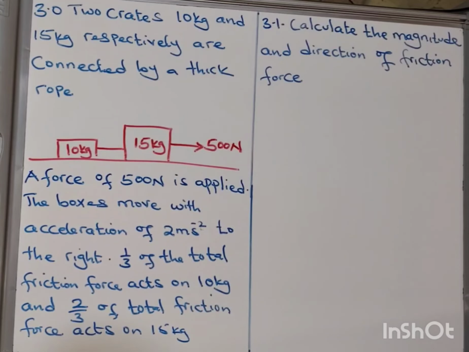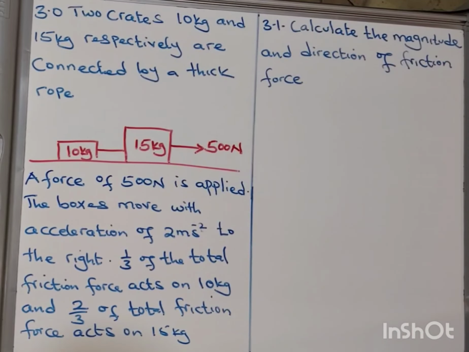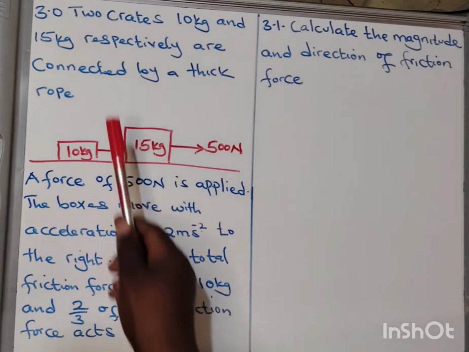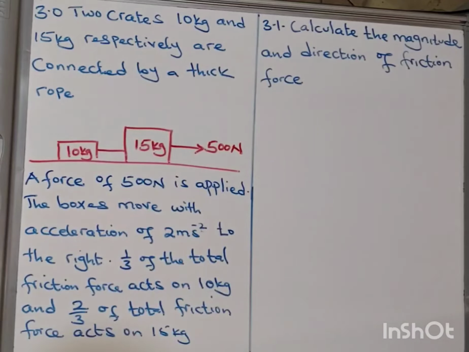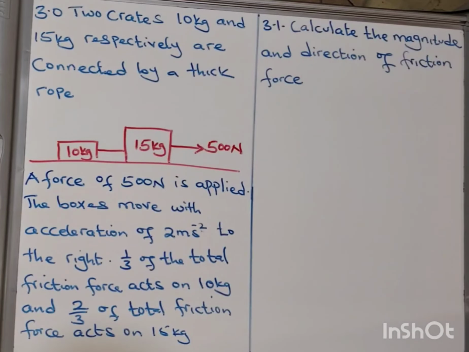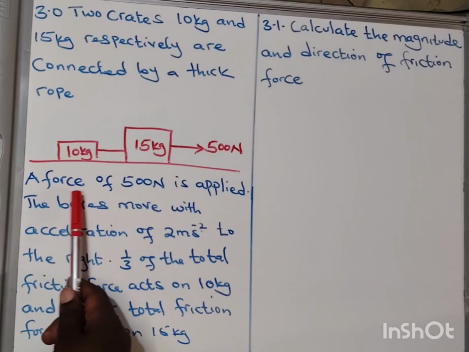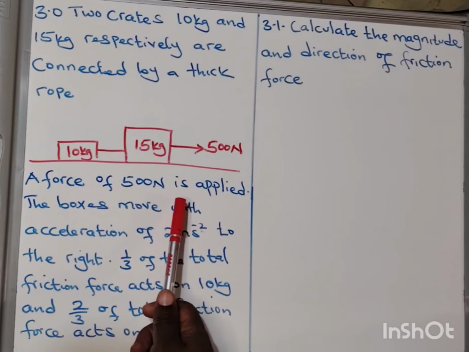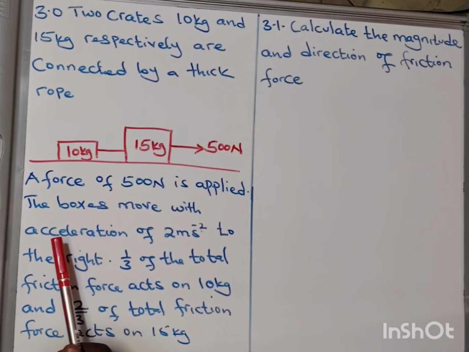Tonight we are looking at this question. It says, two crates, 10 kilograms and 15 kilograms, respectively, are connected by a thick rope. Okay, this is the setup. A force of 500 newtons is applied.